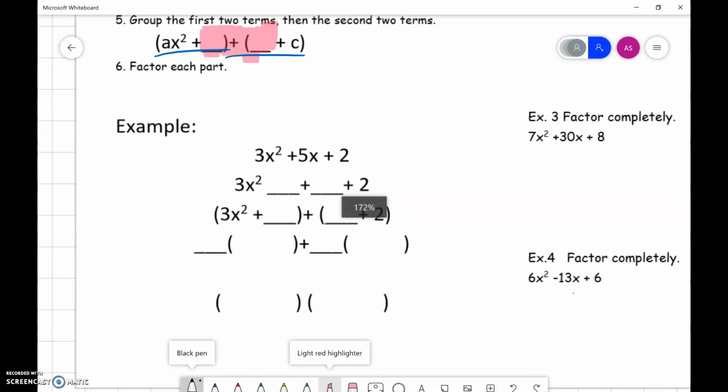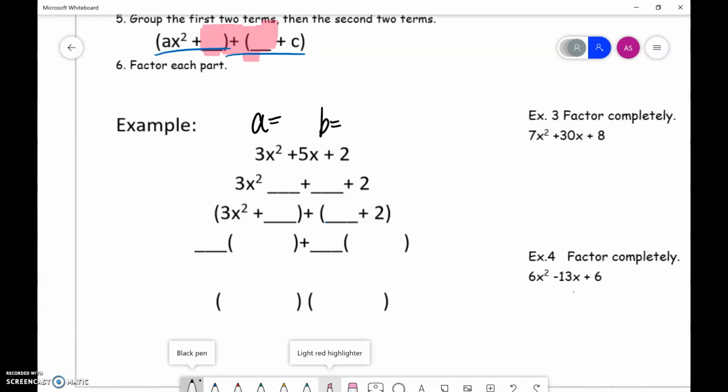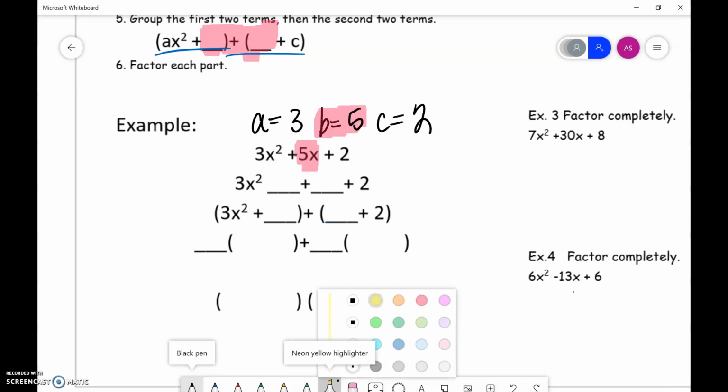So I first want to look at what is my a, my b, and my c equal to. So my a is 3, my b is 5, and my c is 2. So I want to find the 2 numbers that multiply to give me my ac, but then add to give me my b.